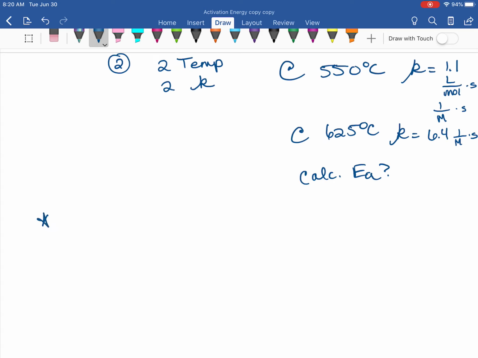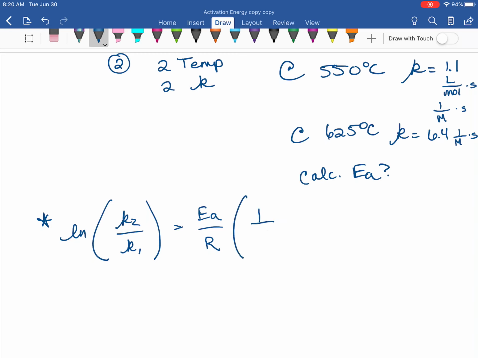Absolutely. So this is where you can actually do this without a plot. We're going to use that second equation, and let's write that out again. That's the natural log of your two rate constants. Okay, and then we're going to compare those two temperatures.